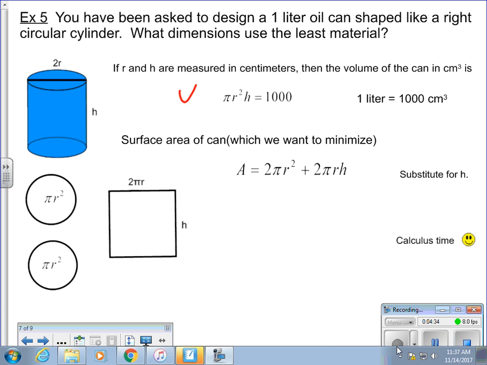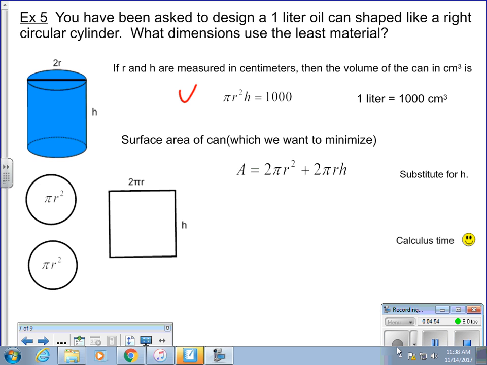Problem is we have two variables in our surface area problem. We need to eliminate one of them. Now, we can eliminate R or we can eliminate H. It's much easier to eliminate H than R, because I have R in two parts, but I only have H in one part of the equation.